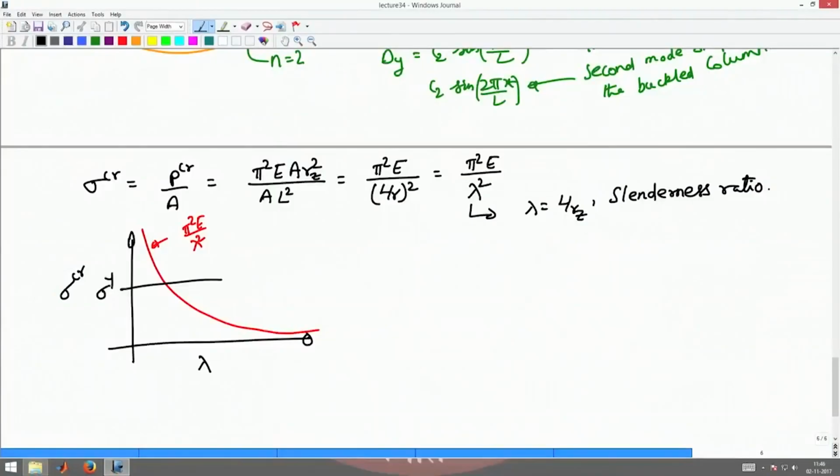What I mean by this is, up to this regime the column is called a short column, okay, wherein it won't fail by buckling or by bending, it won't fail by delta y being non-zero, okay. The short column won't fail by generating a delta y deformation.